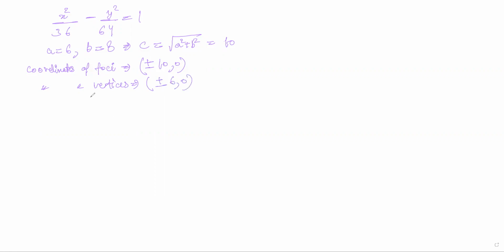Good. Then eccentricity is c by a, so it will be 5 by 3. And what is the value of latus rectum? 2b square by a, so 64 by 3. Correct.